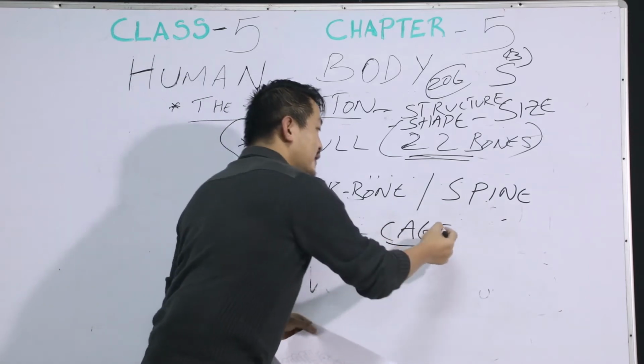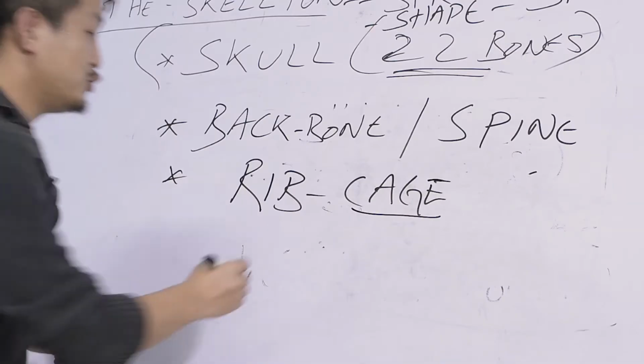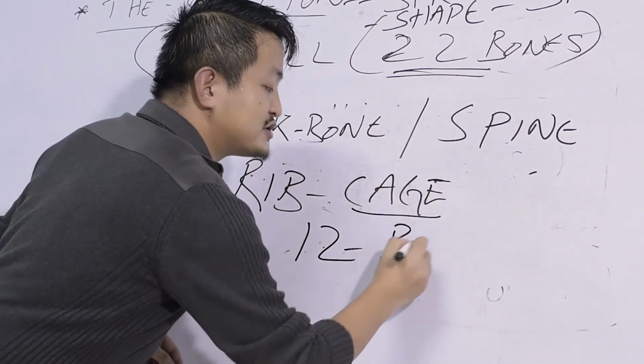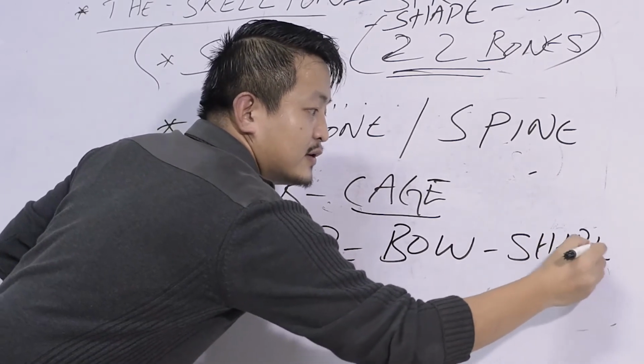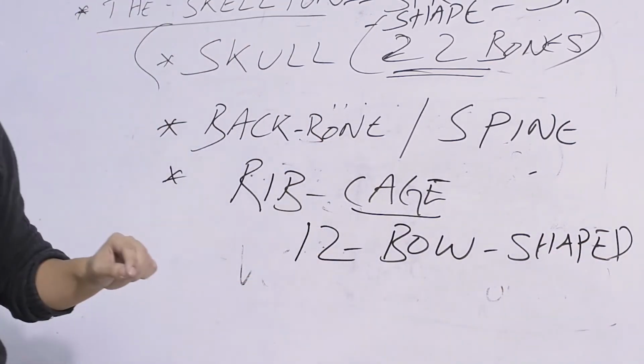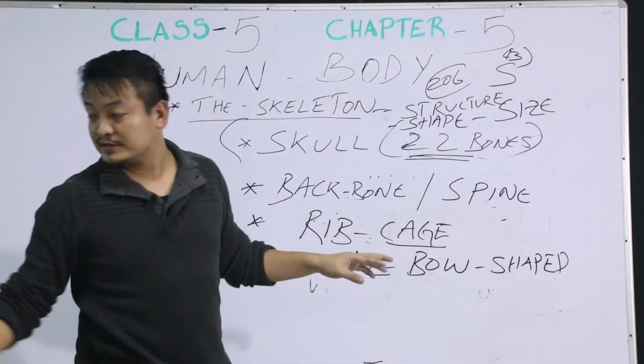I'll explain. In this rib cage we have 12 bow-shaped ribs.